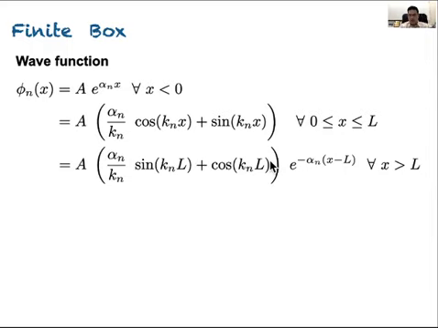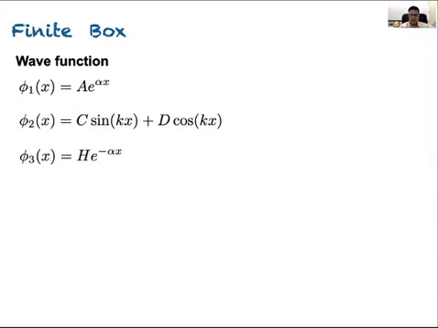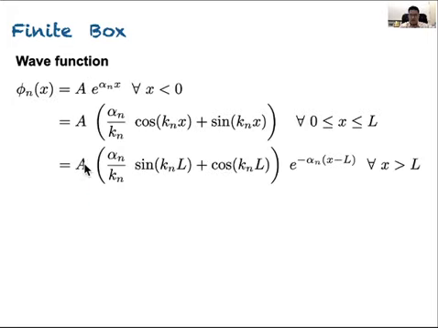Okay, so now, as we have seen earlier, we can write down phi n of x. Now I have introduced subscript n everywhere, and I have presented all the coefficients A, C, D, H in terms of A. That's what is done here.